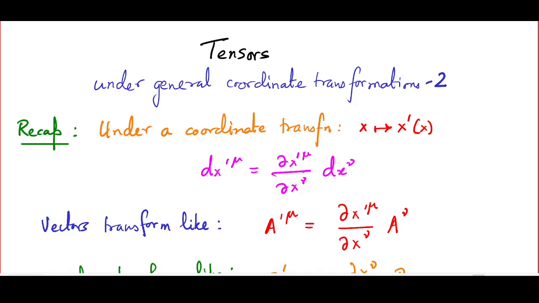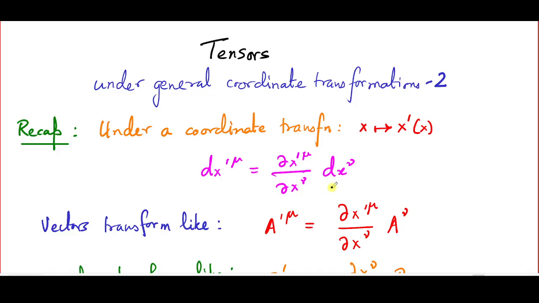Under a coordinate transformation where x1, x2, x3 up to xd goes over to x prime, which is a general function of x, a smooth invertible function, then the coordinate differentials dx primes transform in a linear fashion. dx prime mu turns out to be del x prime mu by del x nu times dx nu.